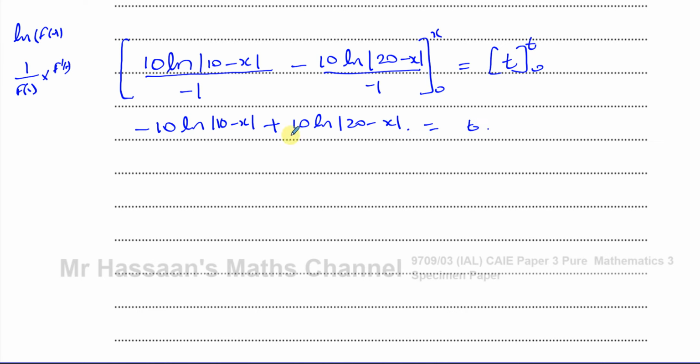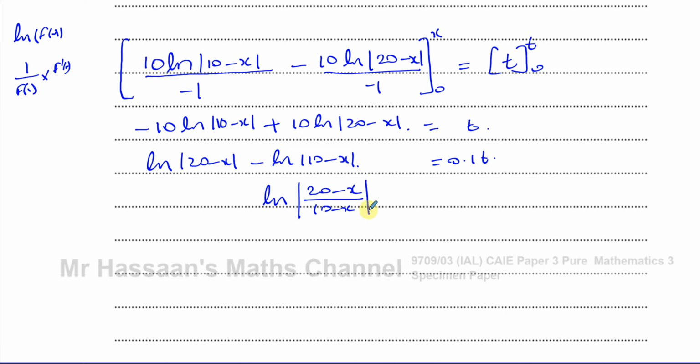I can in fact divide both sides by 10 just to get rid of the 10 on this side, so I'll end up with 0.1 t, and here I'm going to end up with the ln of the modulus of 20 minus x minus the ln of the modulus of 10 minus x. I can combine these together into 1. So this is the ln of the modulus of 20 minus x over 10 minus x.